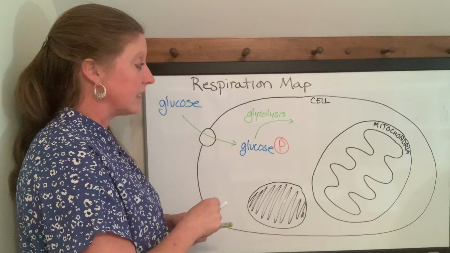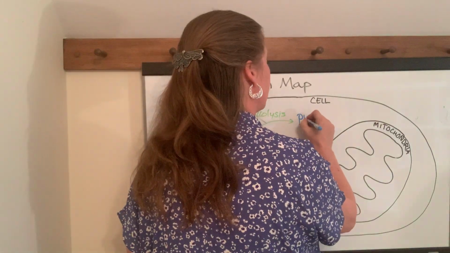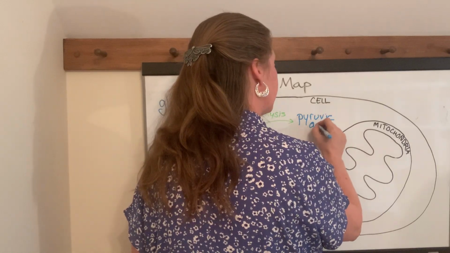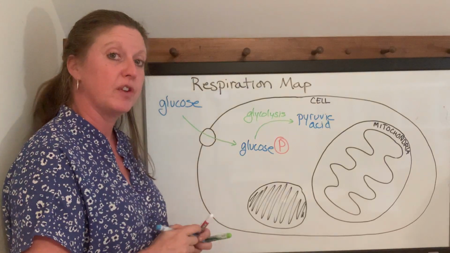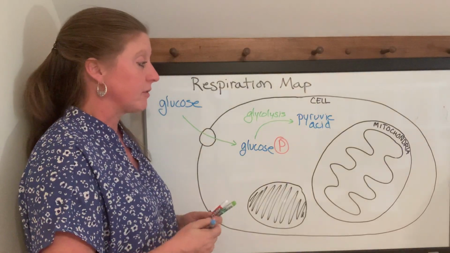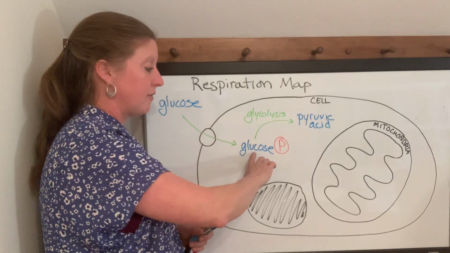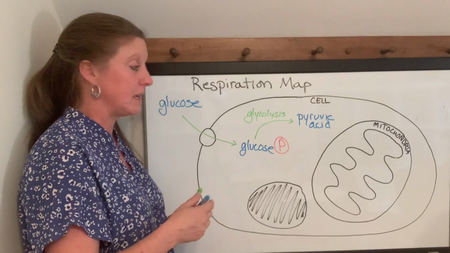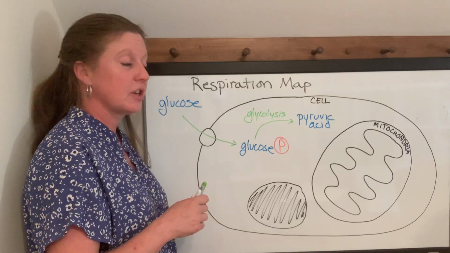This takes place inside the cell, and the result is two molecules of what we call pyruvic acid, or you may sometimes see this referred to as pyruvate. So this first pathway, the glycolysis, forms pyruvic acid, also forms some ATP, and we'll talk about how it does that, and NADH.